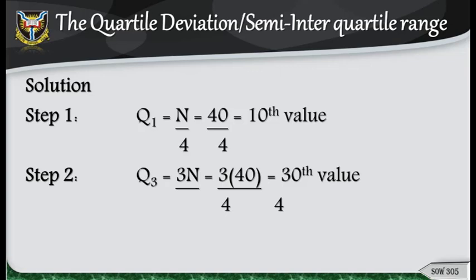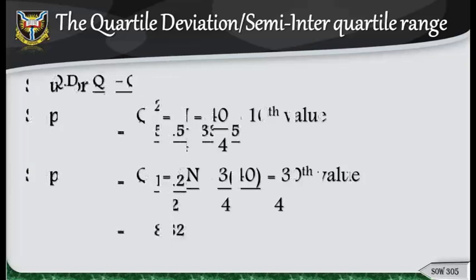Q1 is equal to n divided by 4, which is 40 divided by 4, which is the 10th value. Step 2. Q3 is equal to 3n all over 4, which is 3 times 40 all over 4, which is the 30th value.